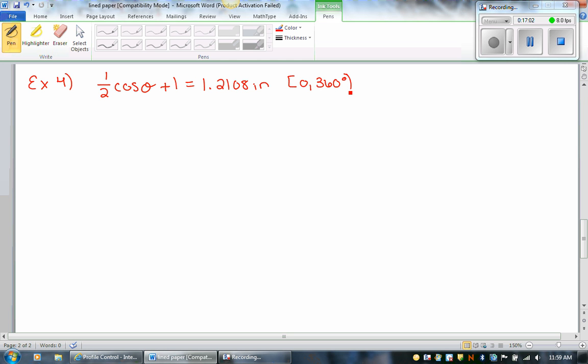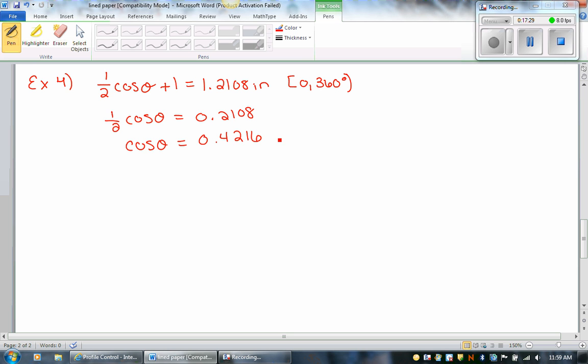Okay, so the first thing we need to do is isolate that trigonometric function. So we're going to subtract over that 1, and then divide by half, which we know is the same thing as multiplying by 2. Okay. So you want to make sure that your calculator is in degree mode.